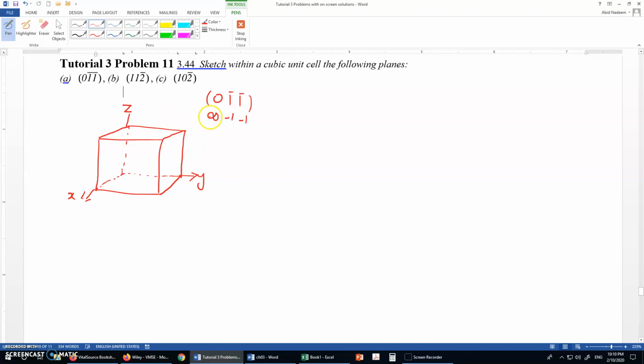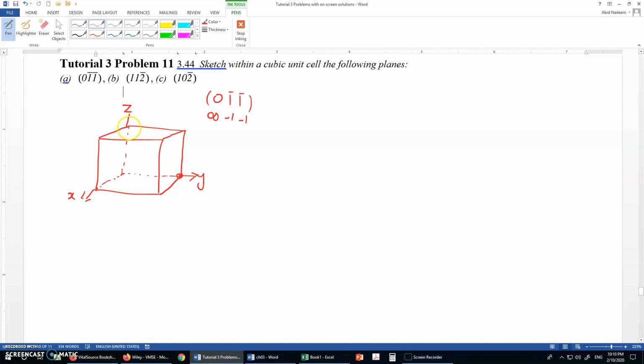Because this is along the y-axis a point 1, and along the z-axis it is also a distance of 1. And then from here, the plane will be parallel to x-axis, and relative to this new origin, this plane will intersect the y-axis at minus 1. So from this origin, a minus 1 distance will be in the negative y direction. So this will be one point of intersection, and for the z-axis it will intersect from this origin up to here.